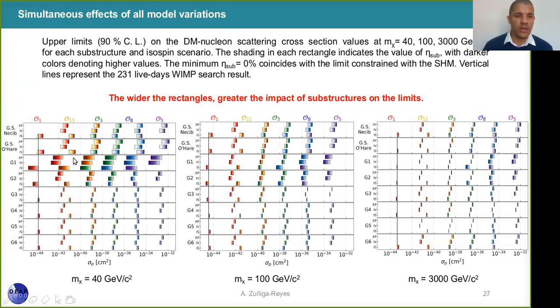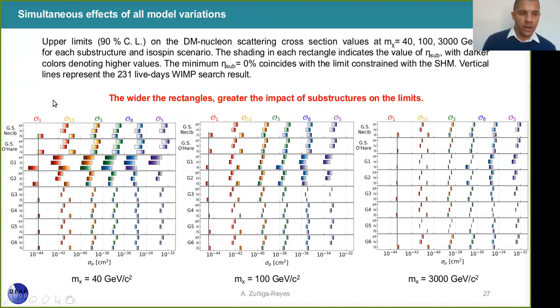The shading of the rectangles shows how the cross section changes if we increase the dark matter fraction in the substructure, where the light part corresponds to eta equal to 0, that is the result constrained by the standard halo model.